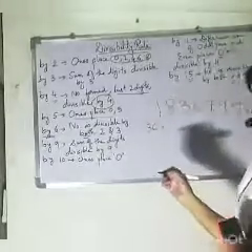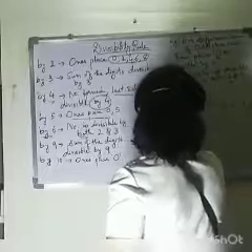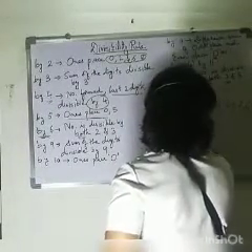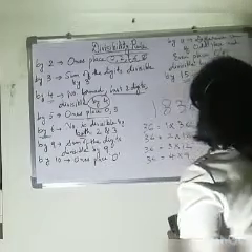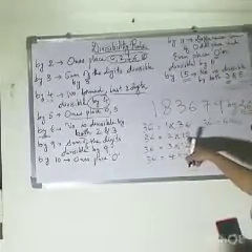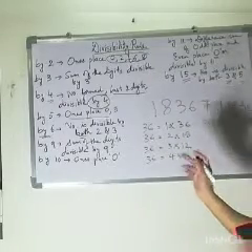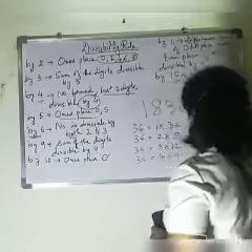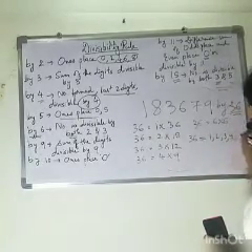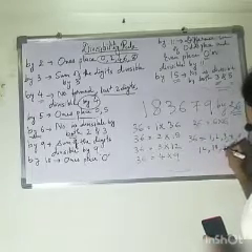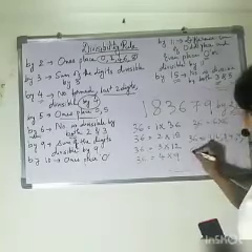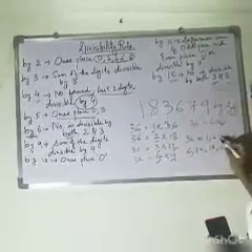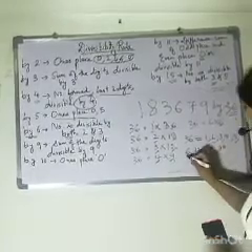What are the factors of 36? 1 times 36 is 36, 2 times 18, 3 times 12, 4 times 9 is 36, 6 times 6 is 36, 7 will not come, 8 fours are 32, 9 already written. So what are the factors of 36? 1, 2, 3, 4, 9, 12, 18, 36, and this 6 we had missed, so I have written 6 here.